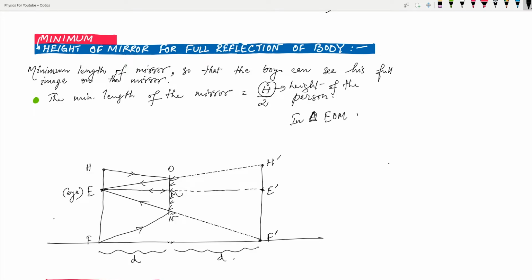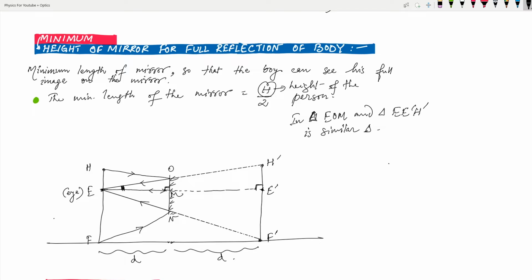EOM and triangle E H dash E dash are similar triangles. Two triangles are similar if all the angles are the same. So let's see. This is the common angle, angle E, for both triangles, and for the smaller triangle this is 90 degrees, and for the bigger triangle this is 90 degrees.